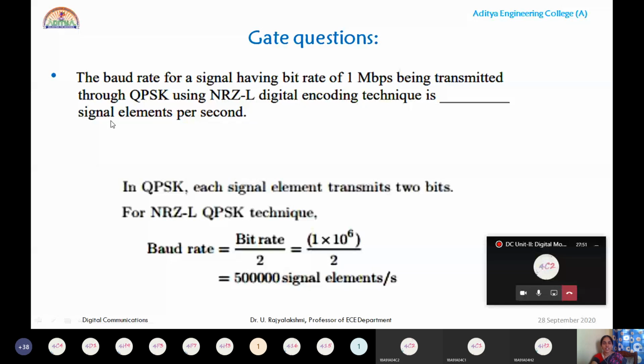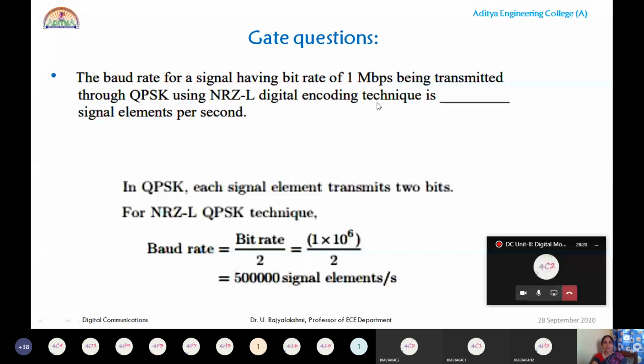The element may be a sample or symbol or signal element, whatever they have mentioned for the particular application. Here it is given as signal elements per second, so you are going to calculate the baud rate in signal elements per second, or you can also call it bauds.